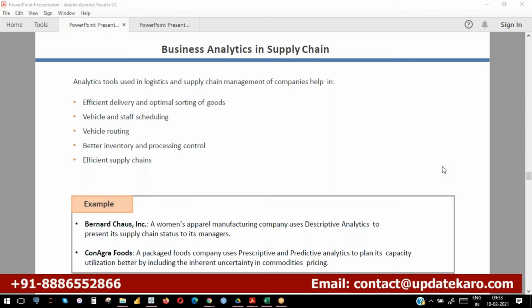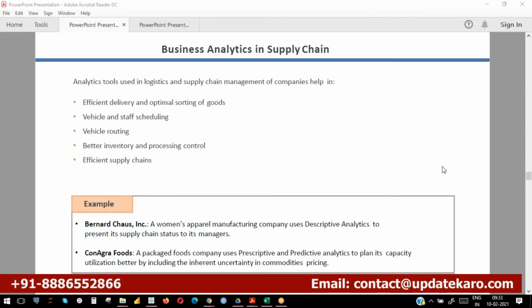And how much inventory we should maintain to satisfy customer demand. If it is more, then it is difficult, as you have to maintain the warehouses.